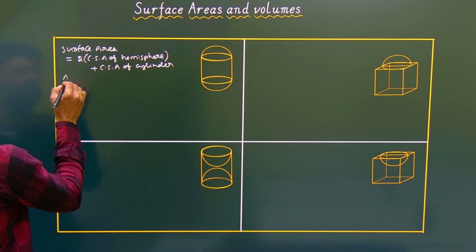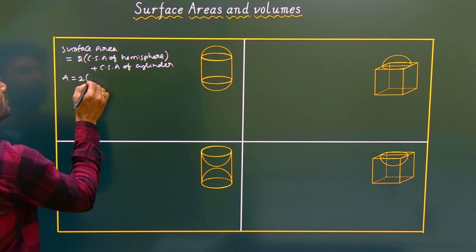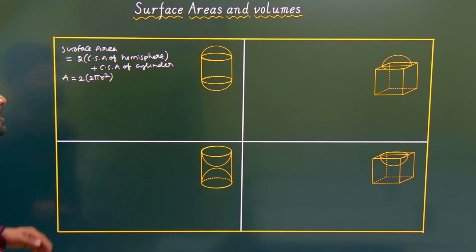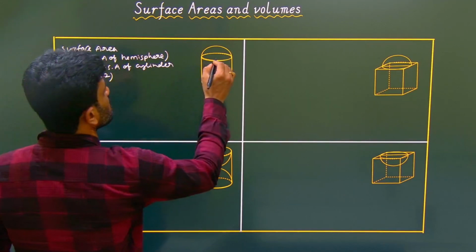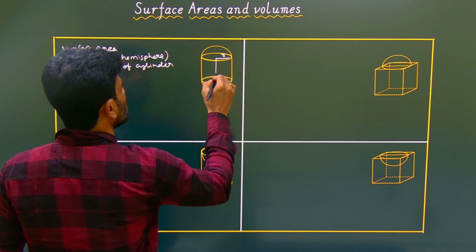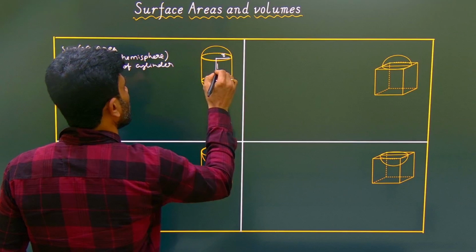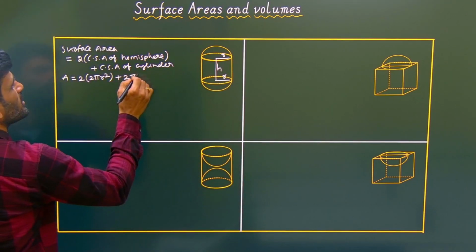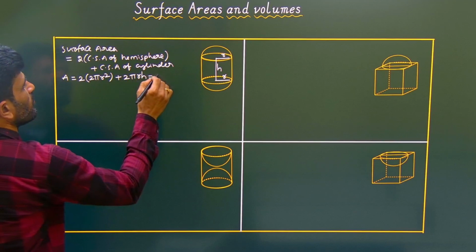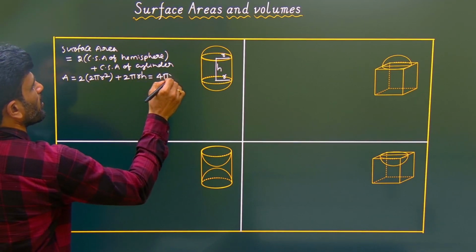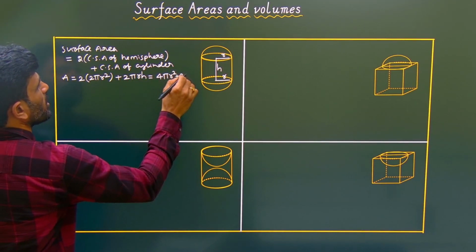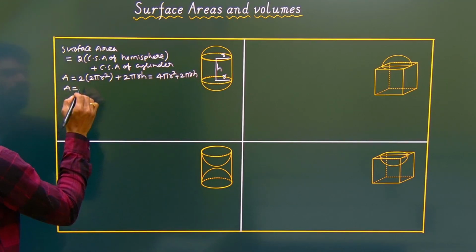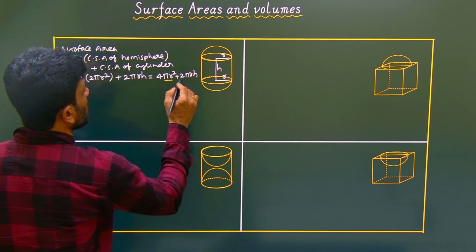So we get area is equal to 2 times 2 pi r square, which is nothing but the area of a sphere. Here this is the radius, this is also the common radius, and this is the height of the cylinder. CSA of cylinder is 2 pi r h, which gives us 4 pi r square plus 2 pi r h. So finally the area will be, what we have common in these two, pi r is common.